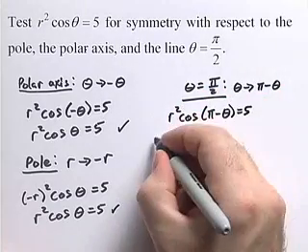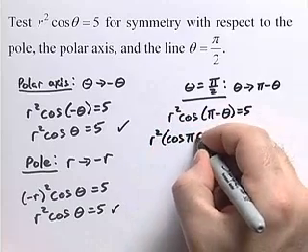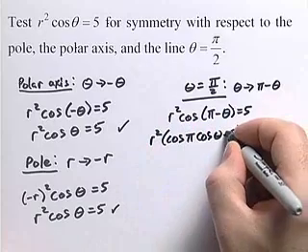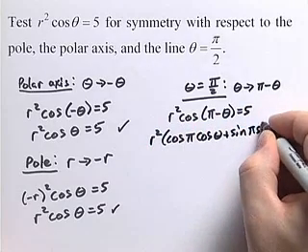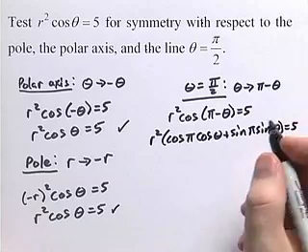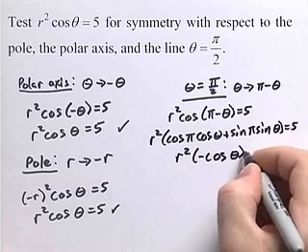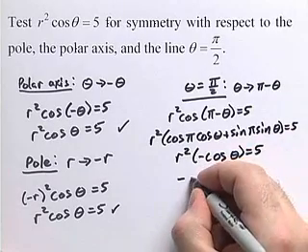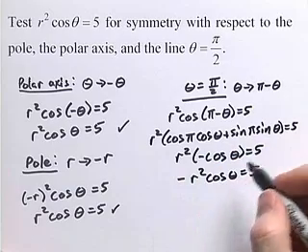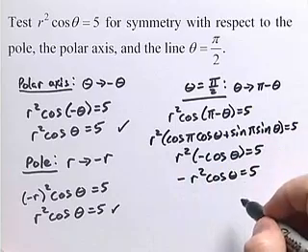That's going to be r squared times the cosine of pi times the cosine of theta plus the sine of pi times the sine of theta is equal to 5. We'll get r squared times negative cosine theta is equal to 5, or negative r squared cosine theta is equal to 5. This is not the same equation that we started with, so this fails our test.